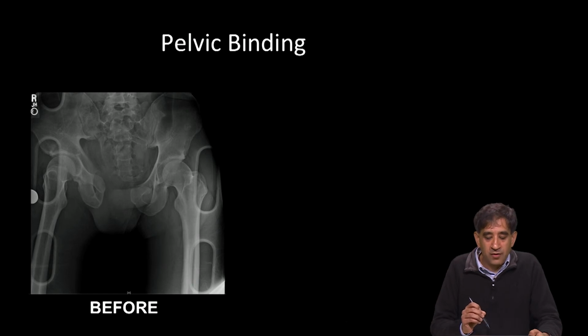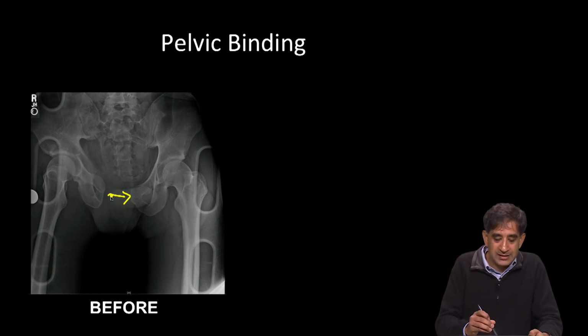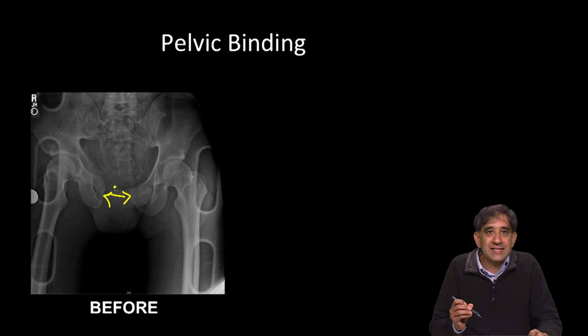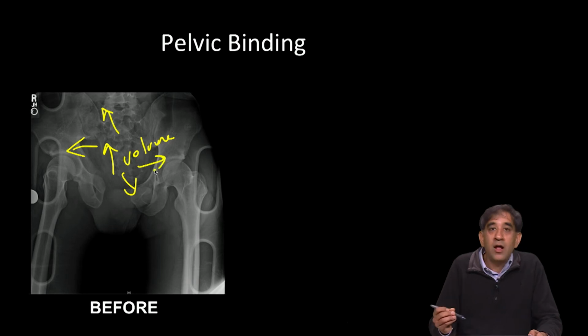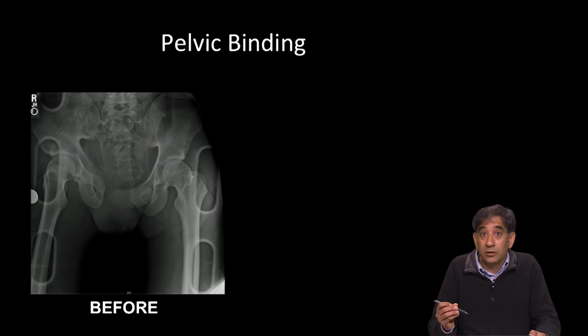Just to show you what pelvic binding is able to accomplish, here is a patient with a fracture of their pelvis, and as you can see here, significant diastasis of their symphysis pubis, leading to increased volume within their pelvis. And what can happen is because of this increased volume, they can bleed within their pelvis. And so what you want to do is close the pelvis so we can tie this pelvis.